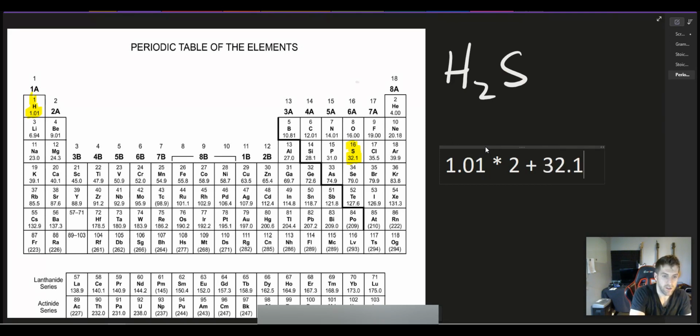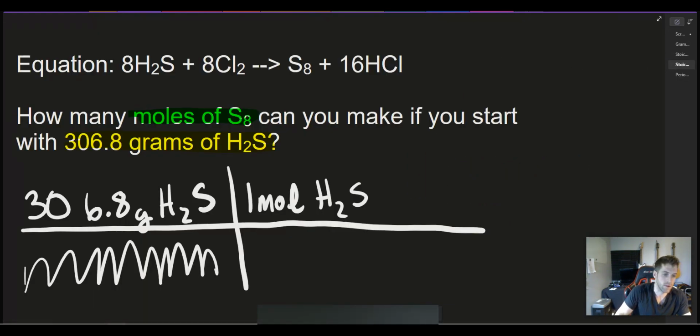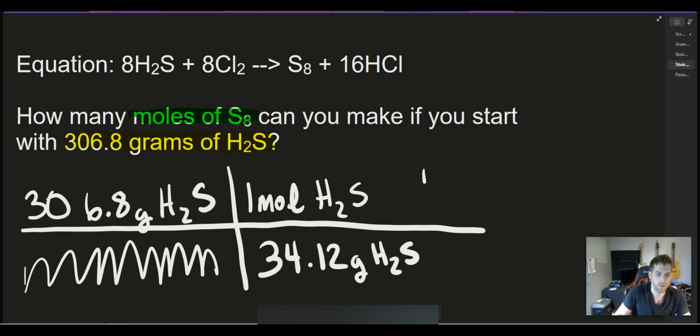We add our sulfur next, and we can put equal here. We get 34.12, and that will be grams of H2S, or hydrogen sulfide. 34.12 goes here, grams of hydrogen sulfide.